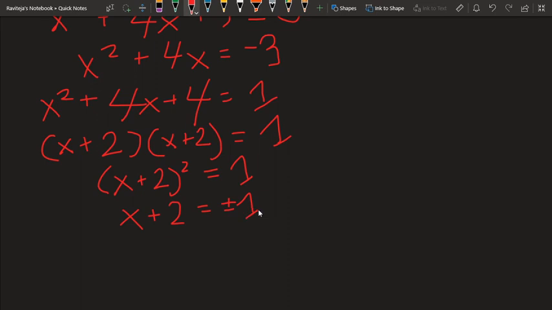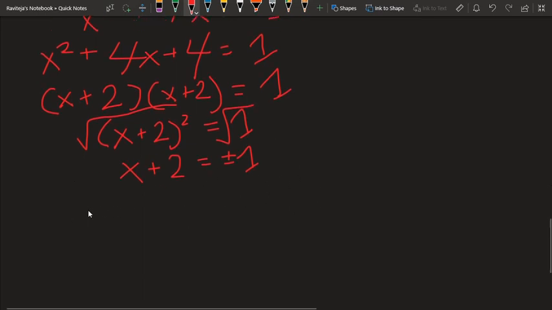Now since we have a positive and a negative, what we would do is find both values of x. Or actually, the first step would be to subtract 2 on both sides. So we'd get x equals negative 2 plus or minus 1. Okay, now we can solve for both values of x.